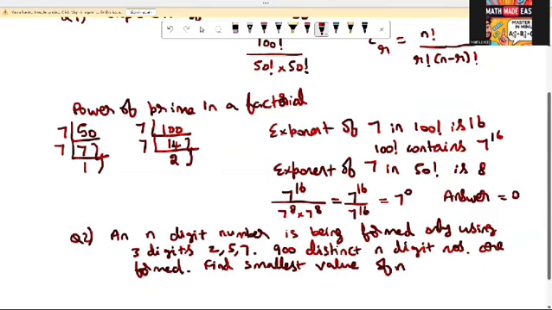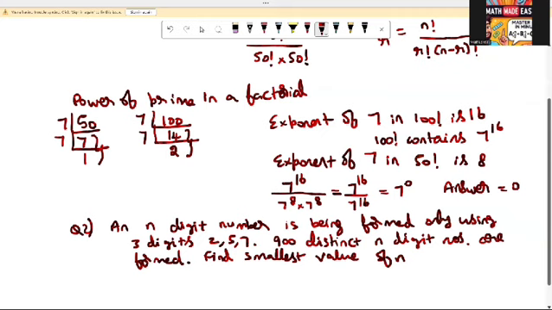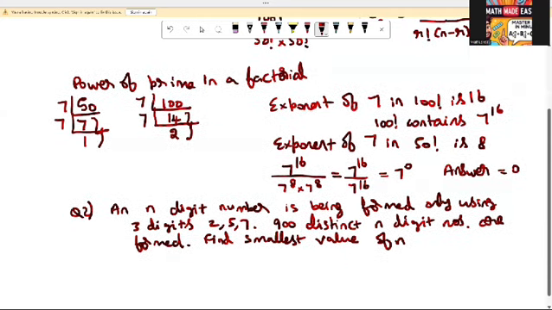Interestingly, if you make only 1-digit numbers, you will get only 3 possible ways: either 2, or 5, or 7.